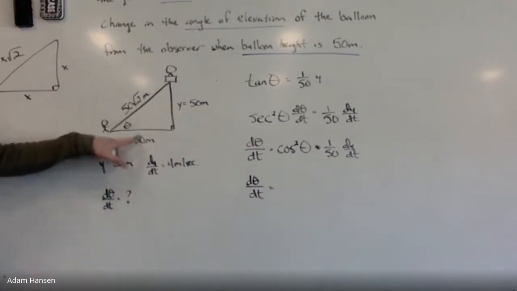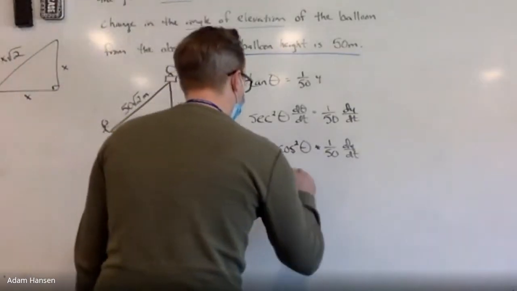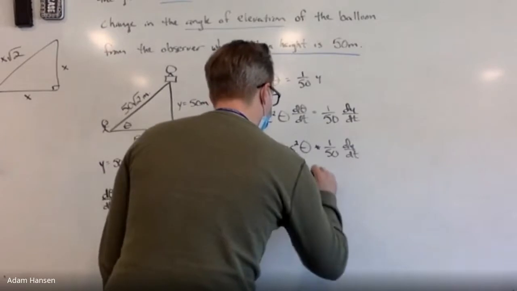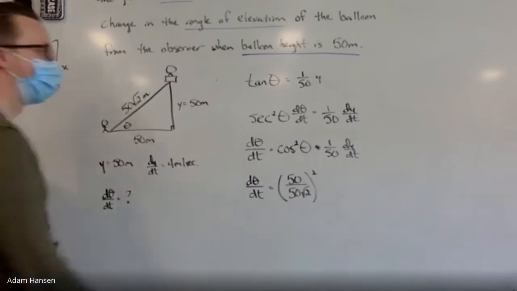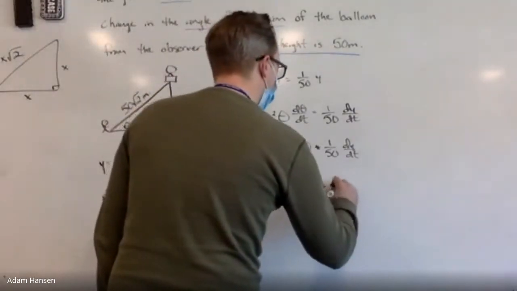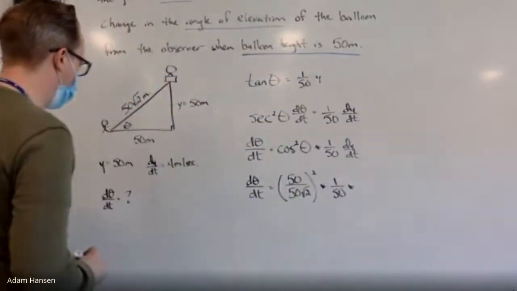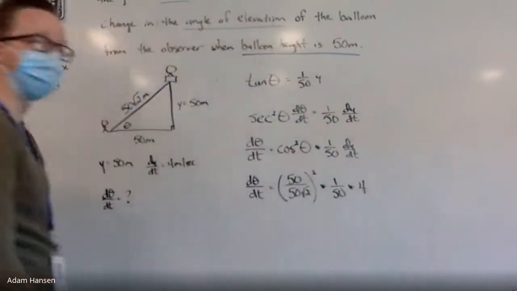So adjacent 50 over hypotenuse 50 root 2. 50 divided by 50 square roots of 2, squared, because it's cosine squared, times 1/50th times dy dt, which is 4. Balloon's going up at 4 meters per second.